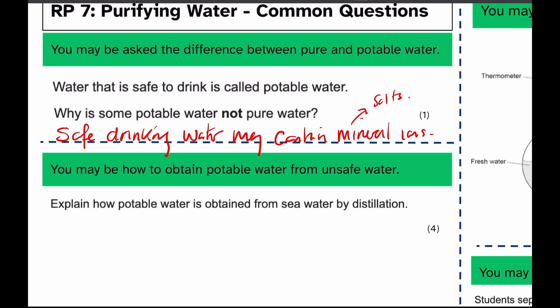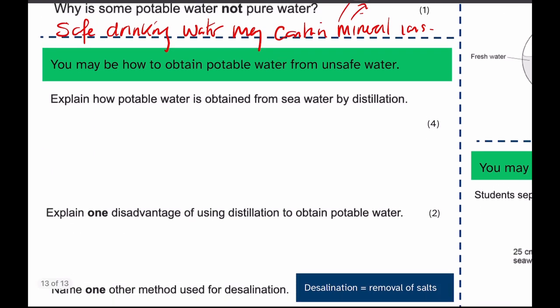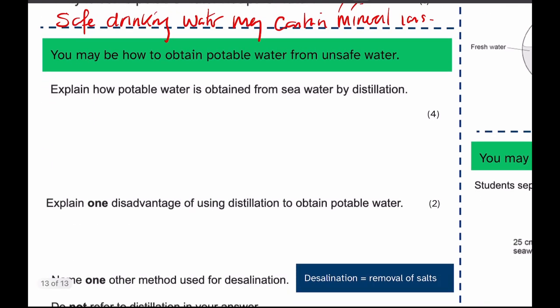Those things are absolutely safe to drink. It could contain fluoride. They wouldn't make it not safe, but it doesn't mean it's pure. So that's the difference.